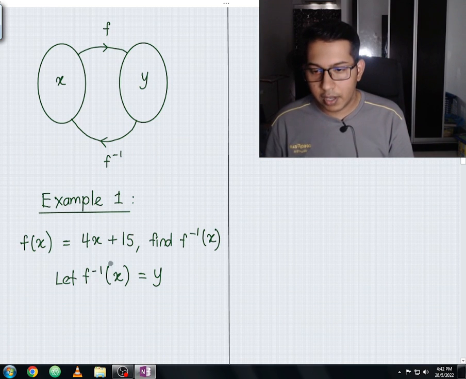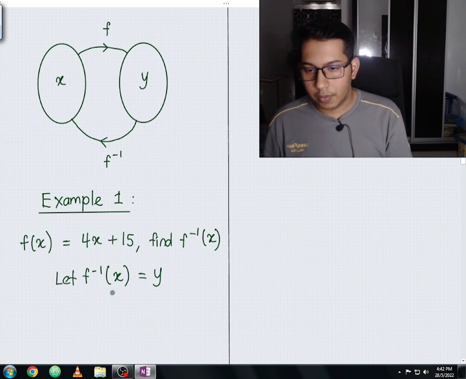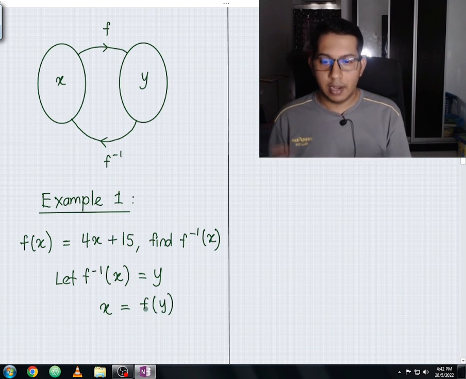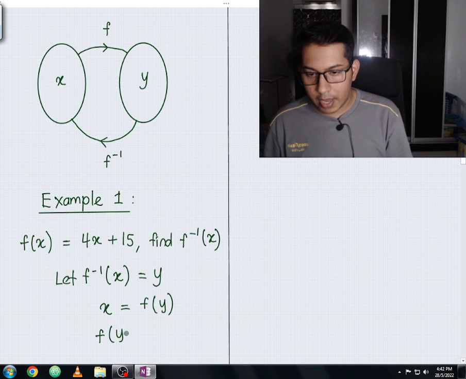So your inverse function will become a normal function here. Technically it will be x is equal to f(y), but you can write it in this way for convenience, where f(y) is equal to x.